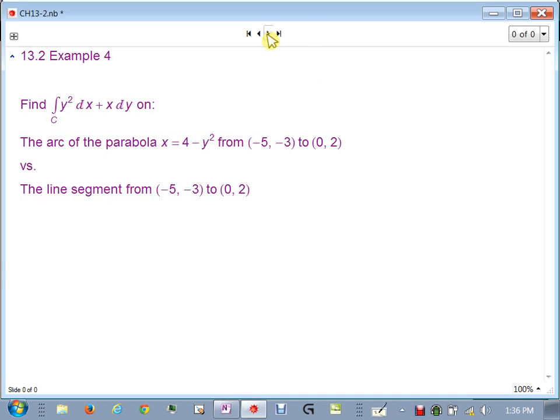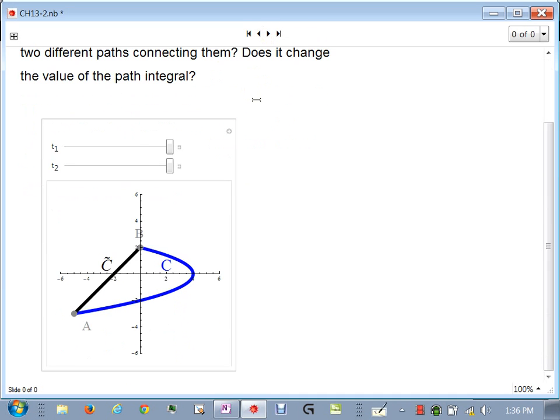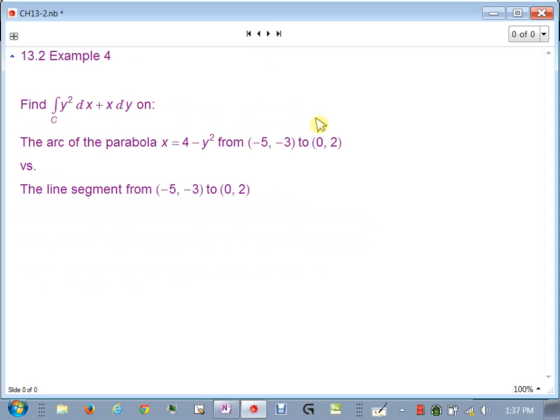We're going to compare going along here and then going along this parabola, for some specific line integral, and we're going to show that you don't get the same answer. The paths matter. All right? Shall we? Let's do it.